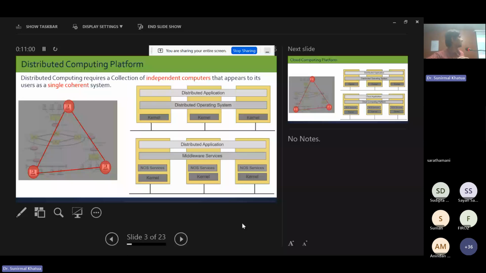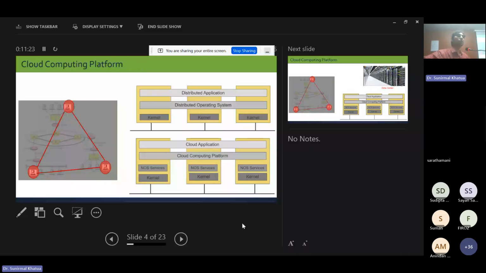Now, this kind of architecture can be used for any kind of environment. If I'm talking about data handling, large-scale data analysis, this middleware can be Hadoop or big data analytics kind of things. If I am using a large scale of IoT devices, the middleware can be an IoT platform. If I am talking about virtual resources, this middleware we can call a cloud computing platform.